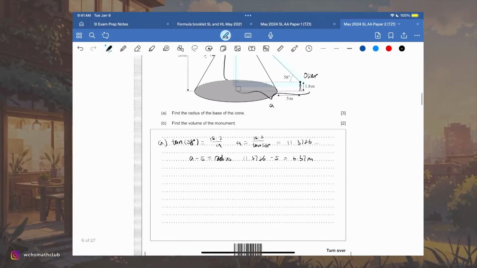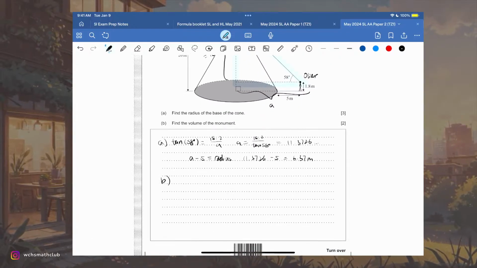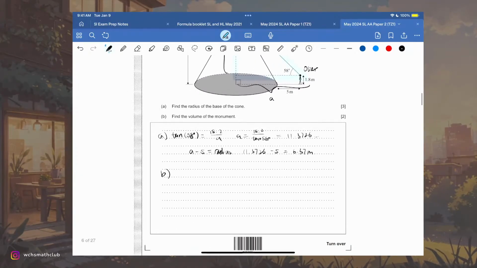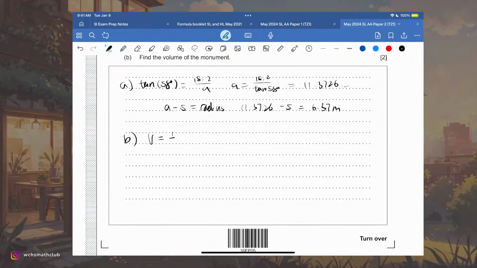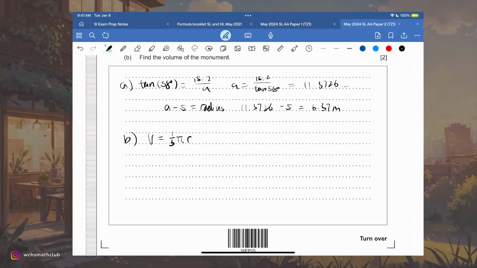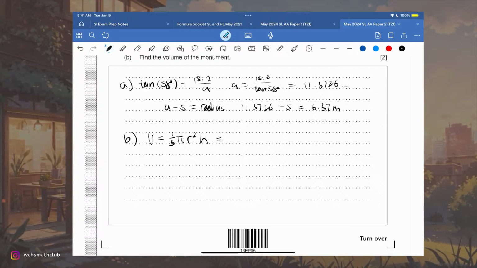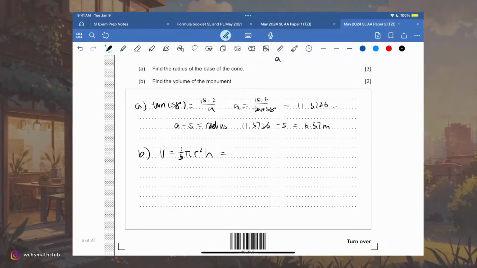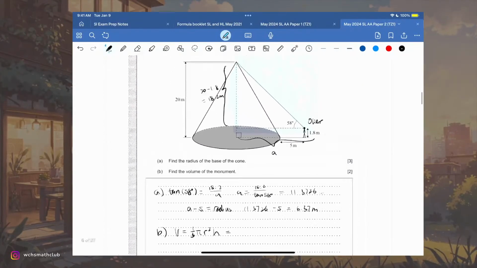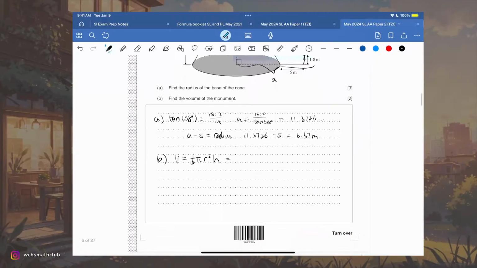Okay, now let's move on to part B. Find the volume of the monument. This one is just plugging into an equation. We know that the volume of a cone is V equals 1 over 3 pi r squared h. We know what r is, we know what h is. So r is 6.37 from part A, and h is 20 meters, which is given in the question.